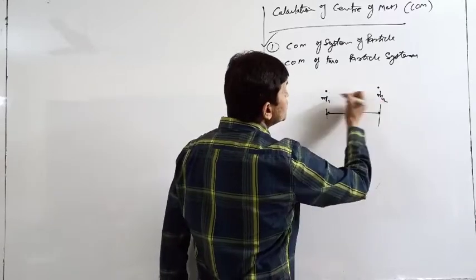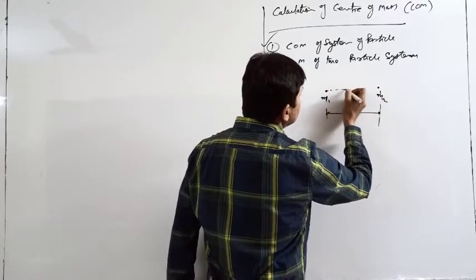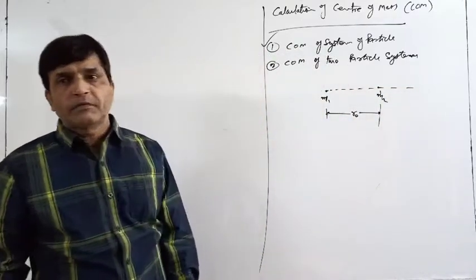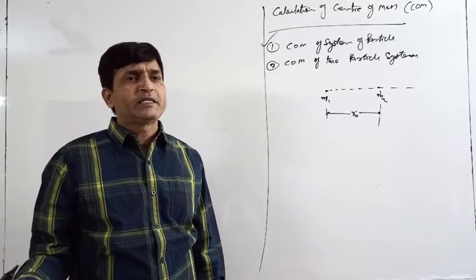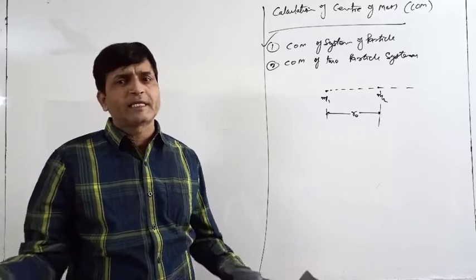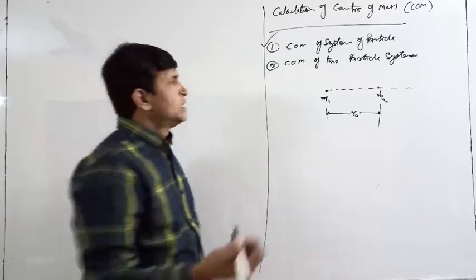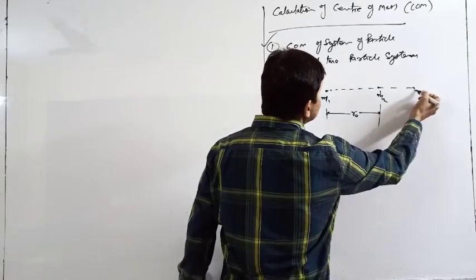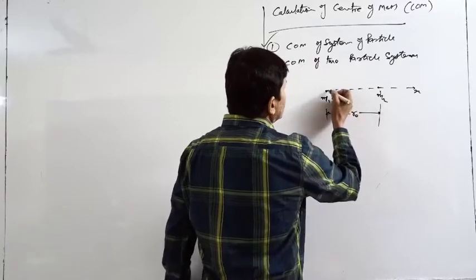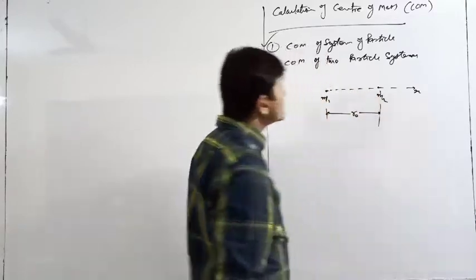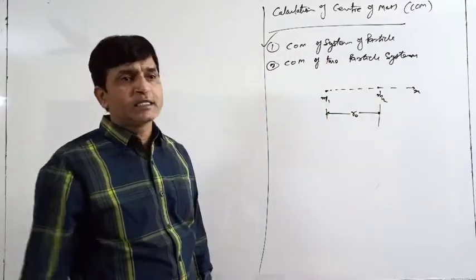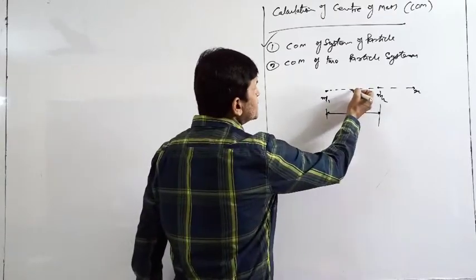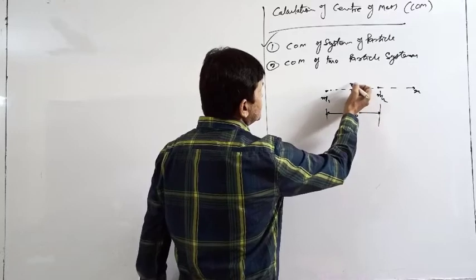Since only two masses are there, they can be joined with one line, and that line can be set as the x-axis, y-axis, or z-axis, anything. Let this be the x-axis. The center of mass must lie on this line. Let this be the position of center of mass.